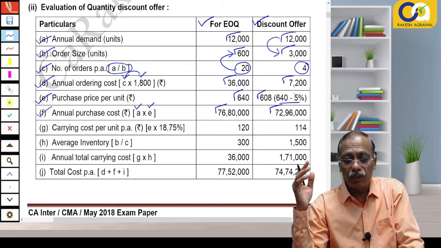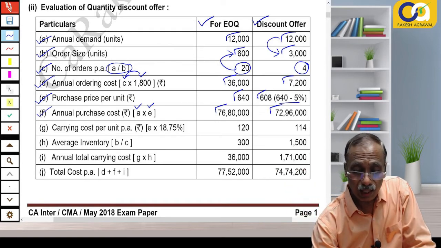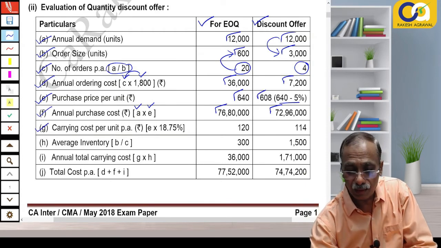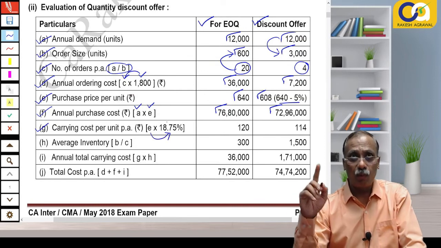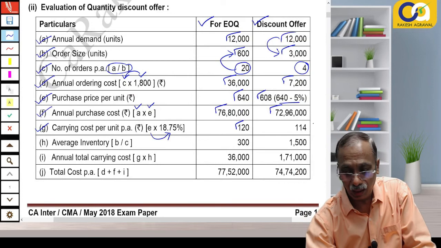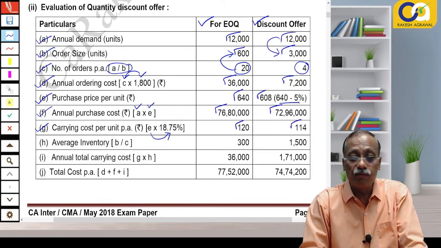Naturally, the purchase cost will be lower if you get a discount. Now we'll have to calculate carrying cost per unit per annum, that is purchase price, point number E, into 18.75%. So carrying cost 120, which we had already calculated earlier for EOQ, but for discount it will become 114.